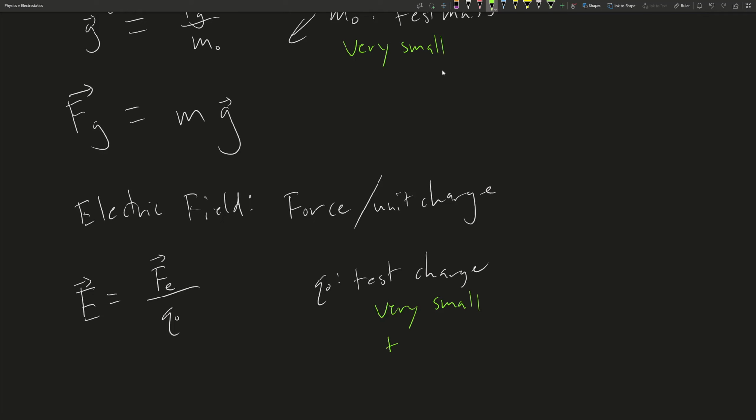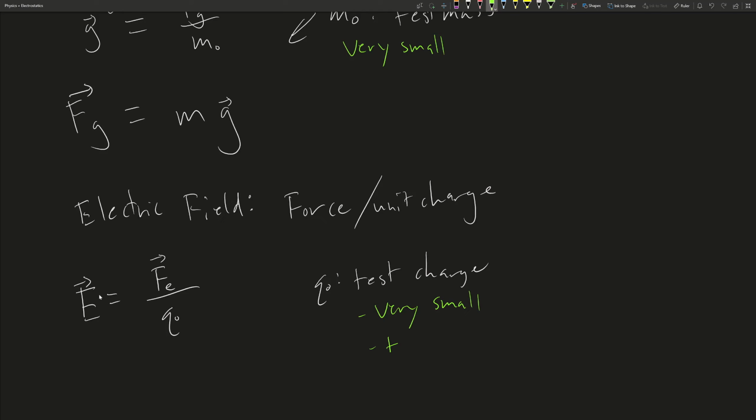Now, with gravity, everything attracts, so we don't need to worry about whether there's positive or negative mass because there's no such thing as negative mass. But with charges, you have positive and negative charges. And the reason this charge has to be positive is because if you had a negative charge, it would change the sign, which would mean a direction change of this force.